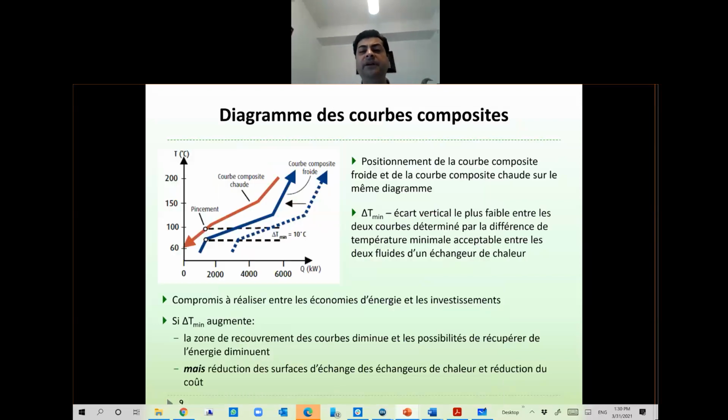Okay, after you do that, after you match up these streams, after you make the composite curves, then you draw them in one graph only.